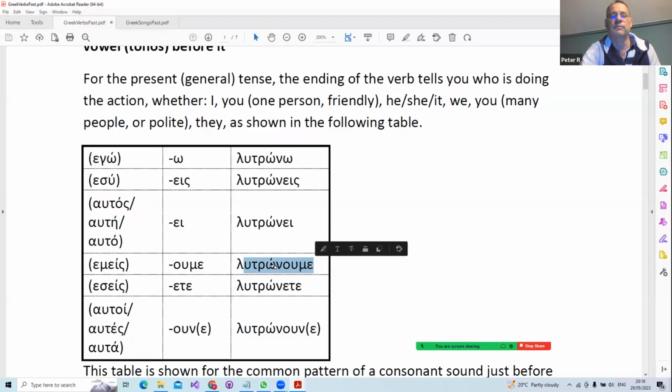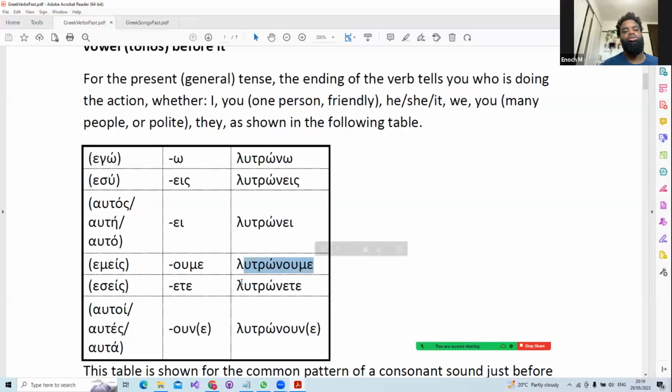So it would come here. Similarly for this one, if it was normally on here, so some other verb which I haven't given here, then it would have to move on for the you, the plural or polite version. And also if you choose the ending for the they form, then that would have the same thing, the extra syllable, so you would have to move the tonos up, so it would be in the last three.